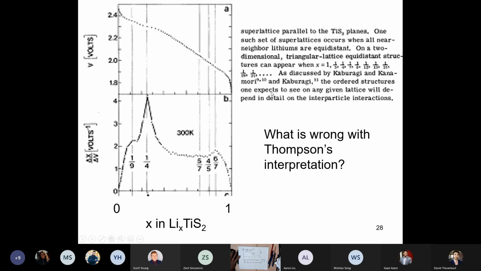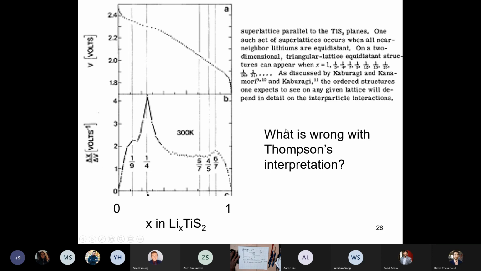The ordered structures one expects to see on any lattice will depend in detail on the interactions. So he shows you here at 1/4 and 1/9 where there's features in dx dV, right? And he shows you on the voltage curve there's a flat spot at 1/4. And he claimed in his paper that this corresponds to ordered compositions of lithium.